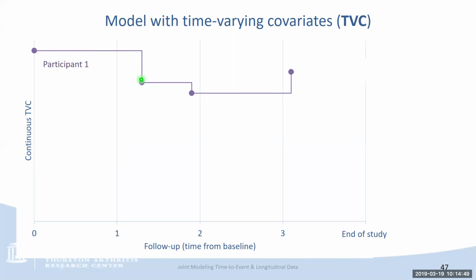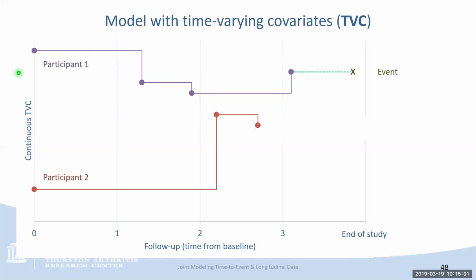And something else to note here, he is not necessarily seen at exactly the same times during his follow-up. So there is some variability there. For example, this person might have the event later on. And just to compare here, let's think of another participant. An important contrast here is that this participant skips this first visit.